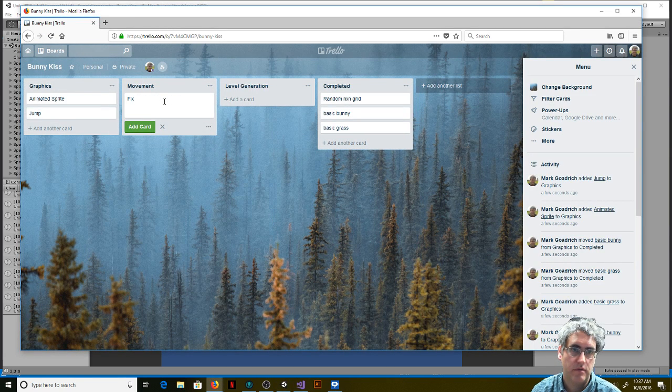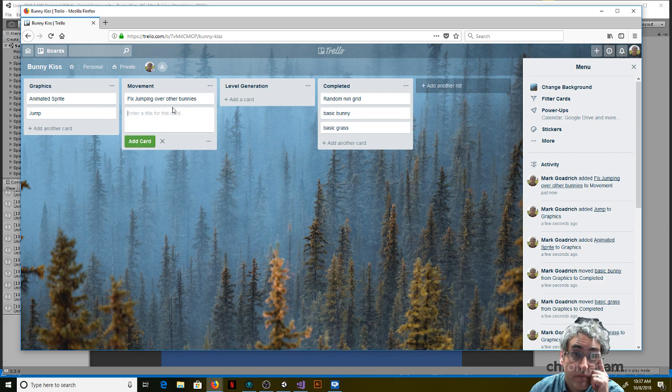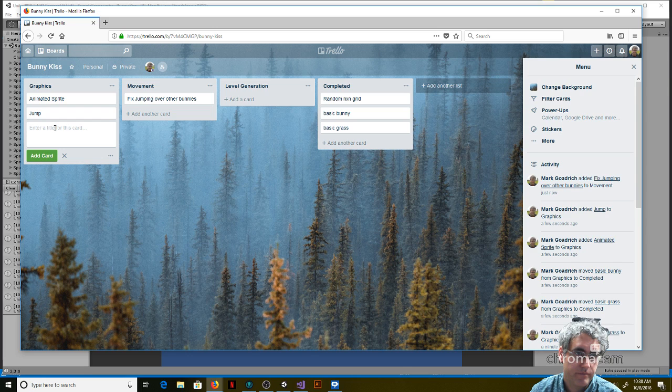So fix jumping over other bunnies. We gotta do that. We want to have a special kiss animation.